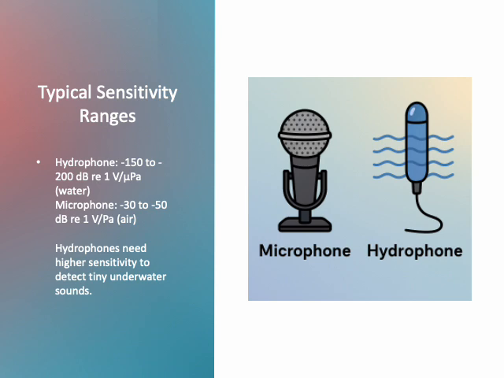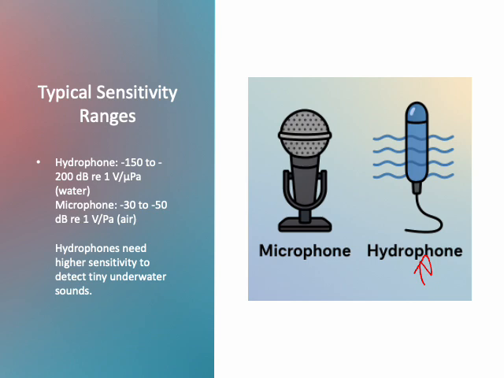This final slide shows typical sensitivity for real devices. Hydrophones used underwater often have sensitivities between minus 150 and minus 20 dB relative to 1 volt per micropascal because underwater pressures are extremely small.